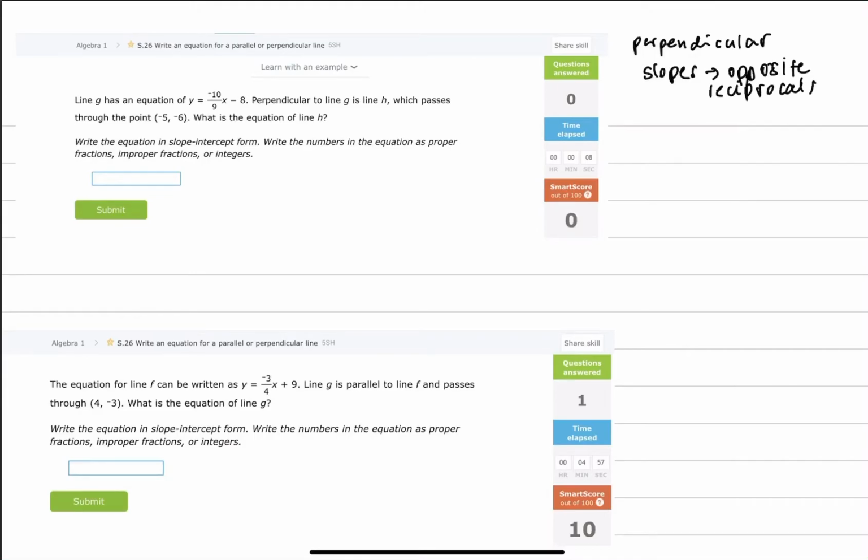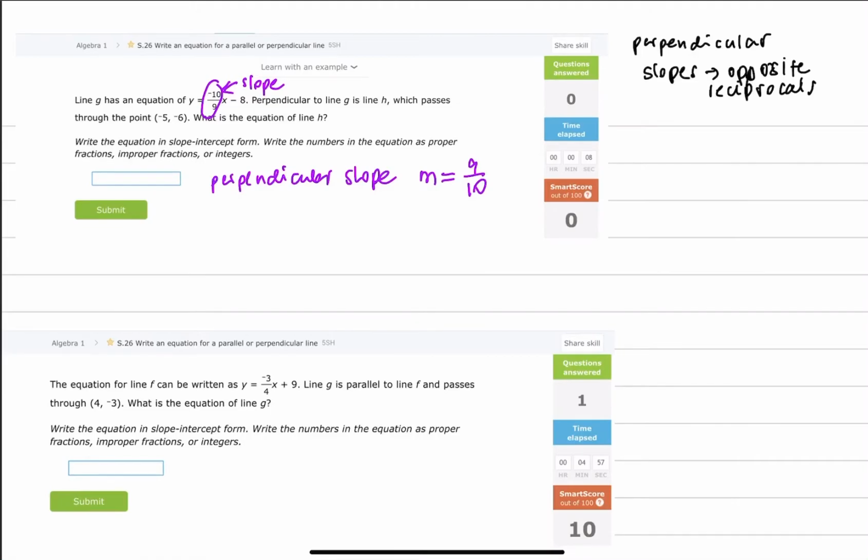So here the slope is negative 10 over 9. So perpendicular slope would be the opposite reciprocal of that, which means we need to change the sign and flip it. So that becomes 9 over 10.